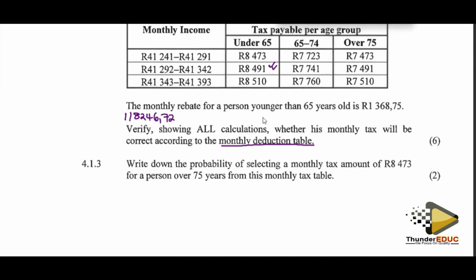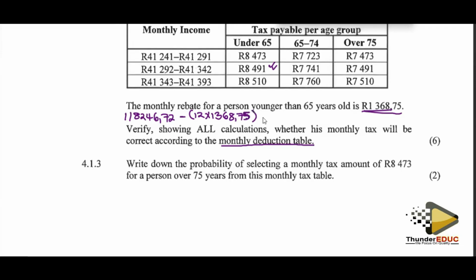We subtract the rebate. But now this rebate is monthly and our money here is annual, so we shall subtract the annual rebate, which is 12 times R1,365.75.